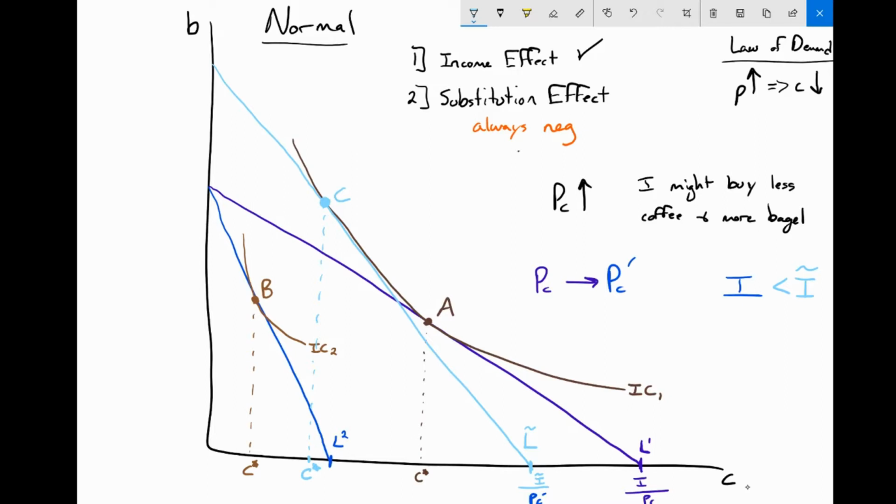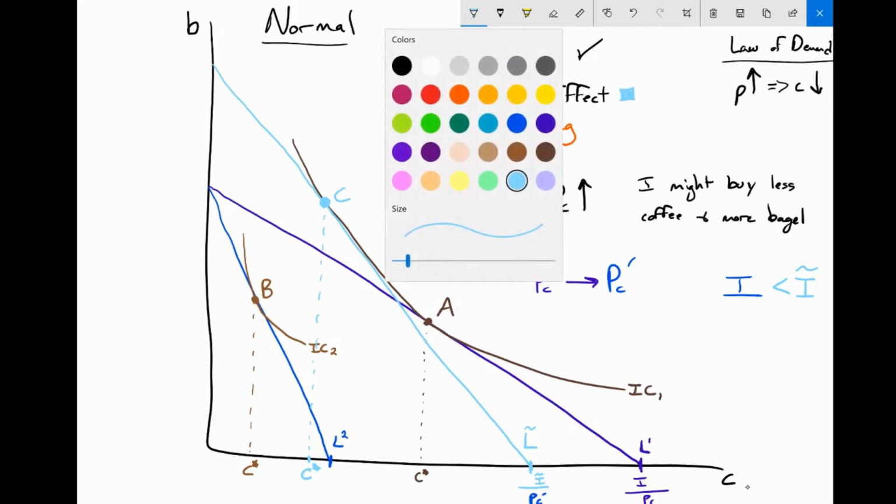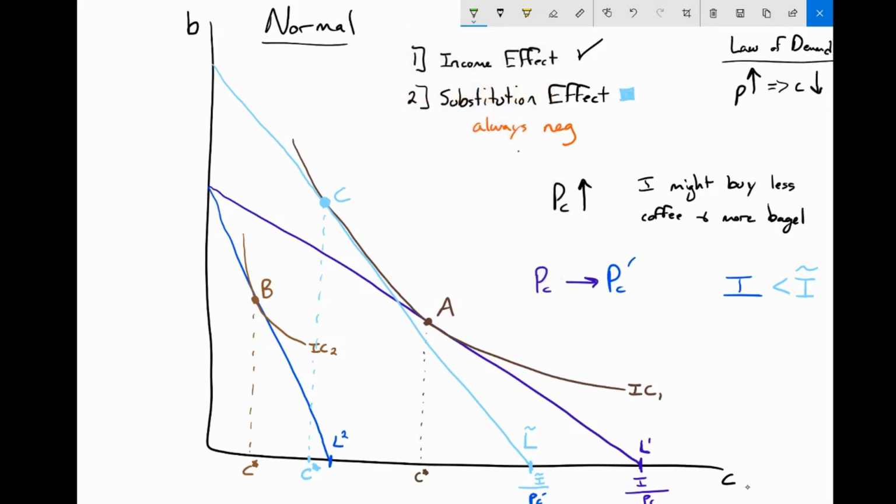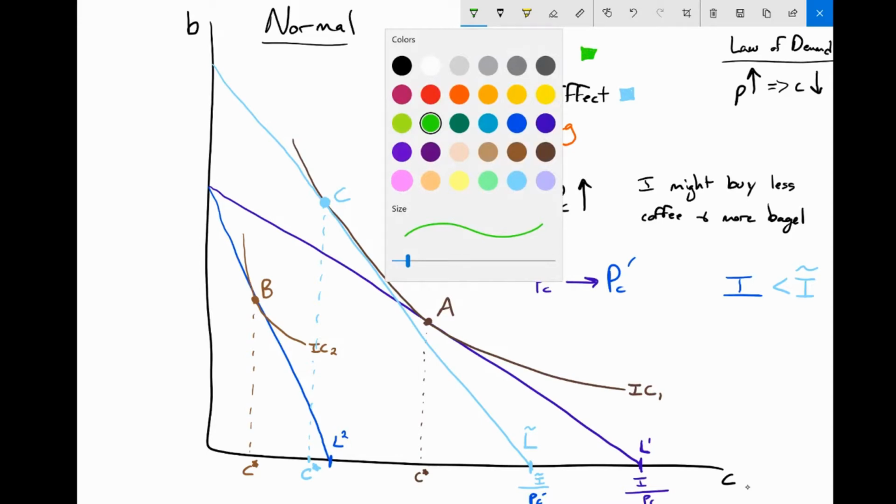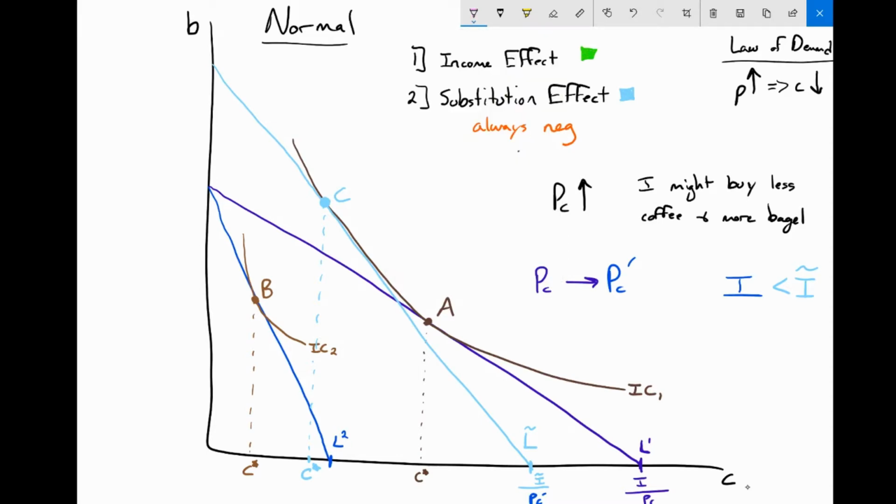So now I'm going to illustrate the substitution effect using this light blue color, and I'm going to illustrate the income effect using a green for the income effect. And then I'll use pink for the total effect.